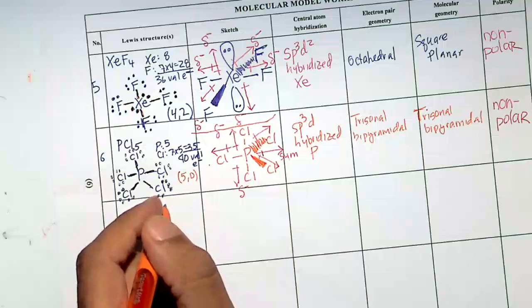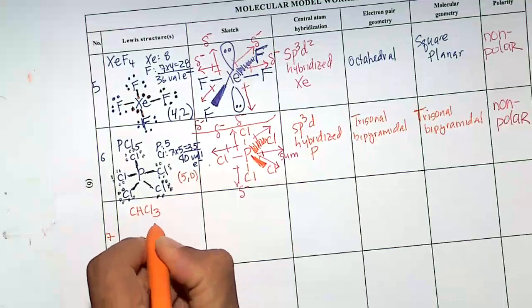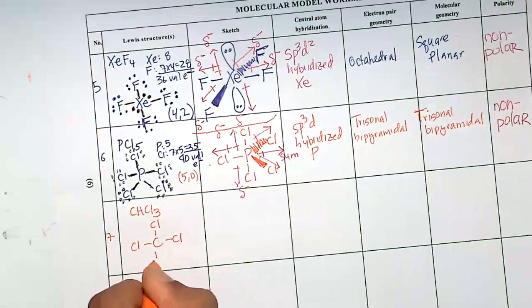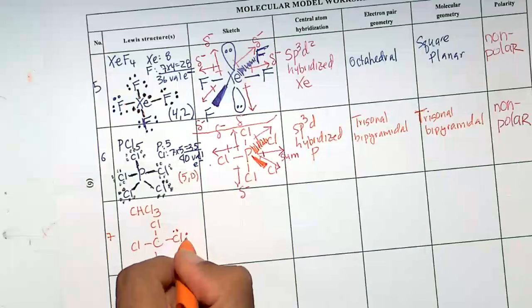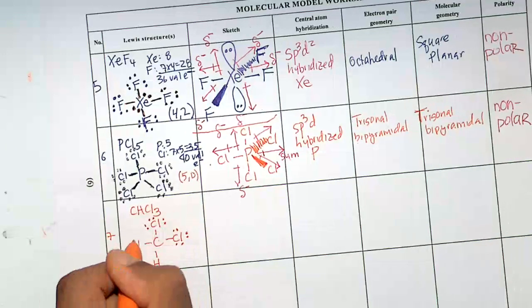How will we do this? Carbon loves, you know what carbon loves, right? How many bonds? So carbon will have 3 Cl's. It doesn't matter the order now. And then the H. We'll put 3 lone pairs around each halogen. Very good.